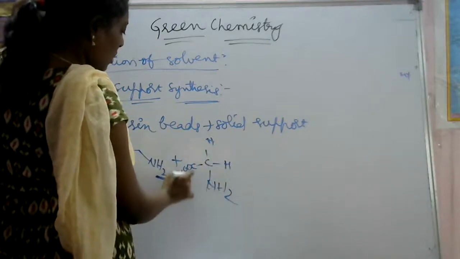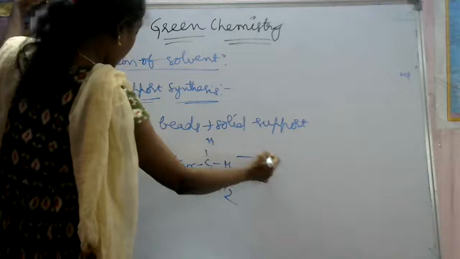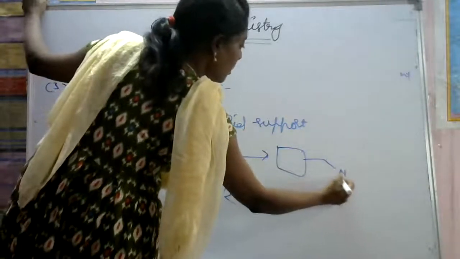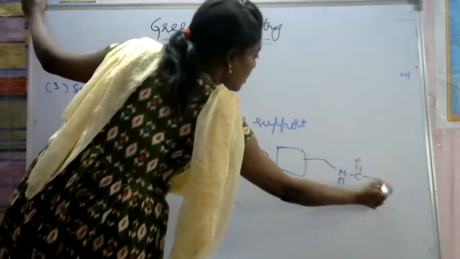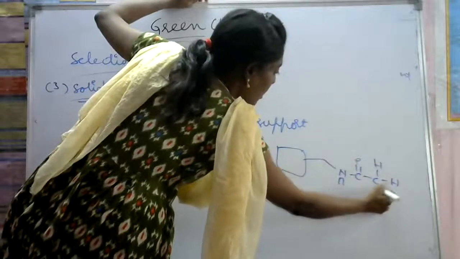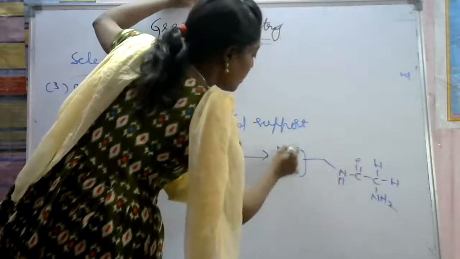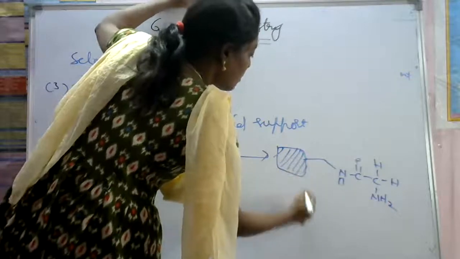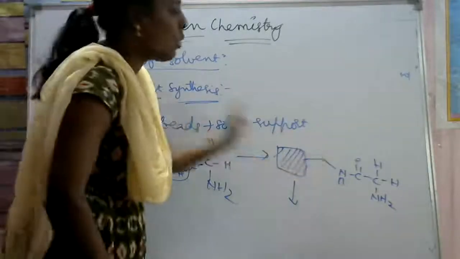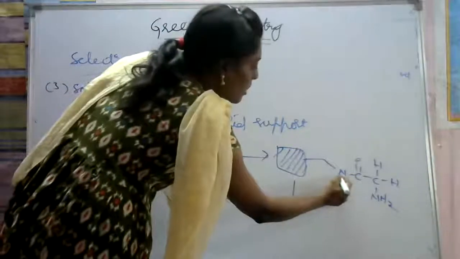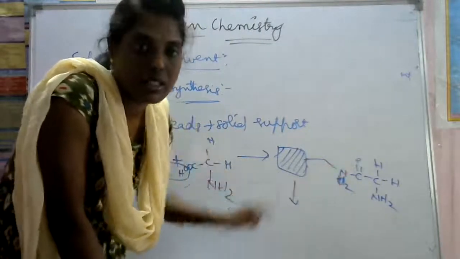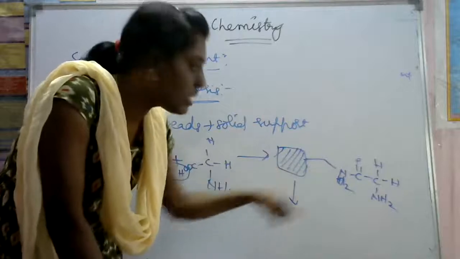It will remove this and give the product, where NH is there along with CO. This is a resin bead, and if you use the appropriate reagent, it will go out and give the product. Like this, we have to synthesize the desired product by using these resin beads.